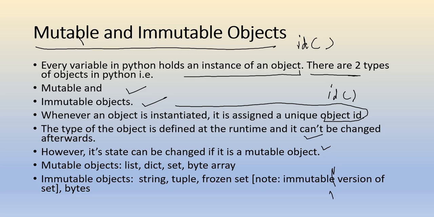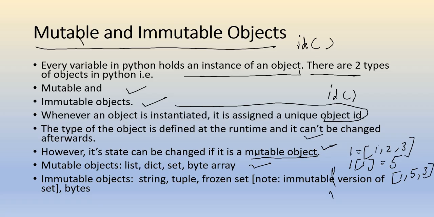Mutable objects are such kinds where we can change the values: list, dict, set, byte array. Its state can be changed if it is a mutable object. State means, for example, if you assign a list equal to 1, 2, 3, and then assign list of 1 equal to 5, then the list value will become 1, 5, 3.